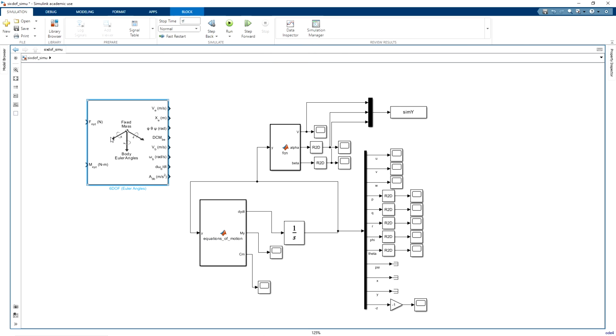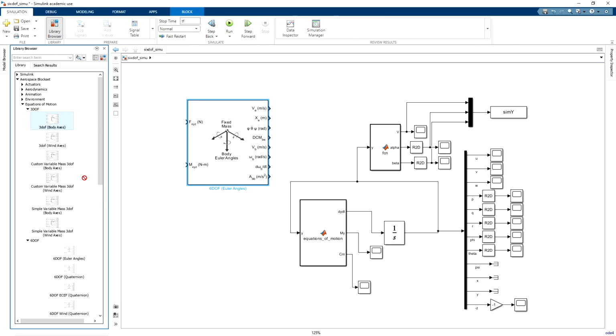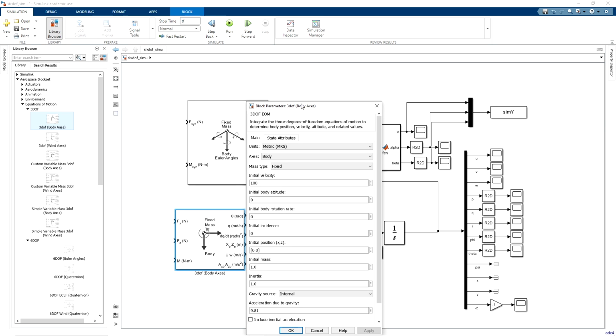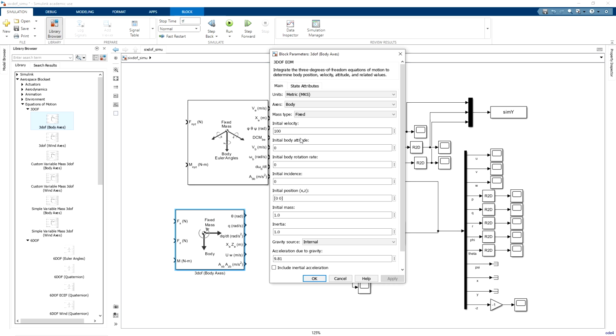One thing we also had, let me go back to the 3DOF model. In the earlier lecture we used this model. If you double click this, then we enter the parameters over here as well. The initial velocity is 100 meters per second. Initial body attitude, that is theta naught, we need to enter over here.